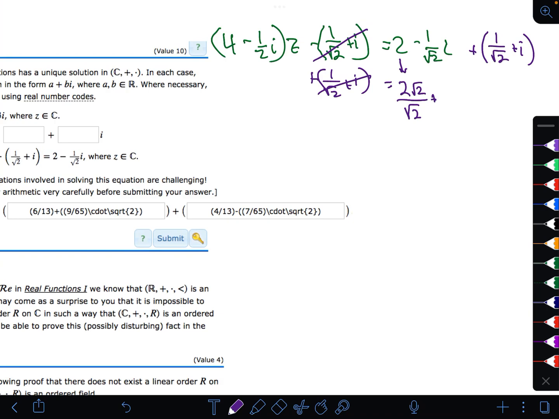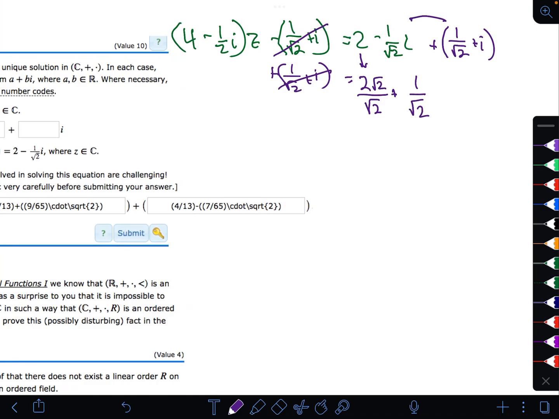I'm going to push this over here and just say plus 1 over root 2, like so. And I still have that minus 1 over root 2 times (i plus i). All right, and I have the same denominator except on the end here. So instead of that plus i, I'm now going to write it as root 2 i over root 2. How's that? And I'll eventually clean it up a little bit.